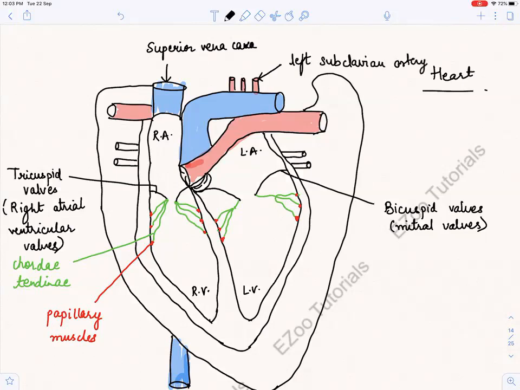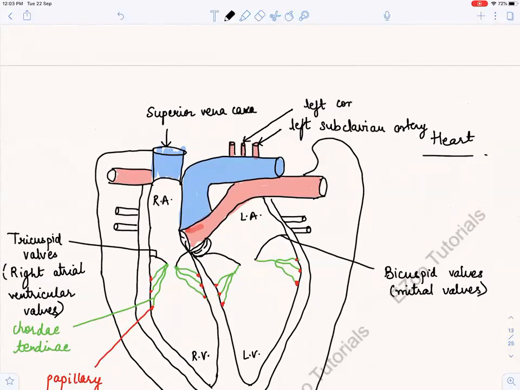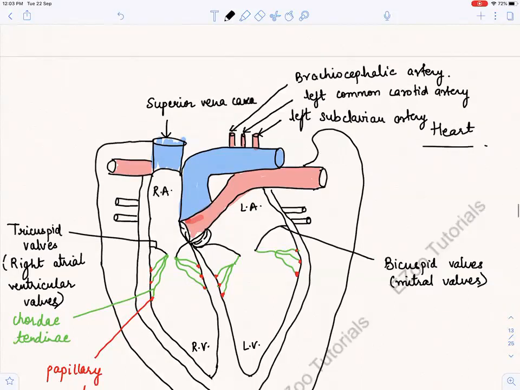We'll do all these arteries also. This is the left common carotid artery, right? And please write whenever I'm writing. And this is the brachiocephalic artery. It will branch and all; we'll see afterwards. First, let us see what we have drawn.